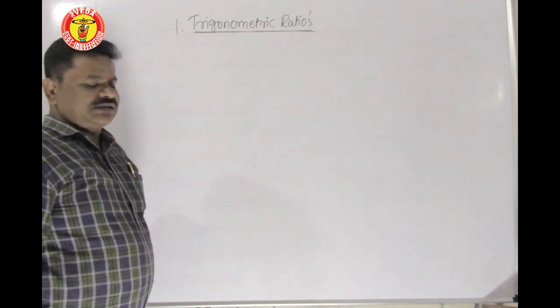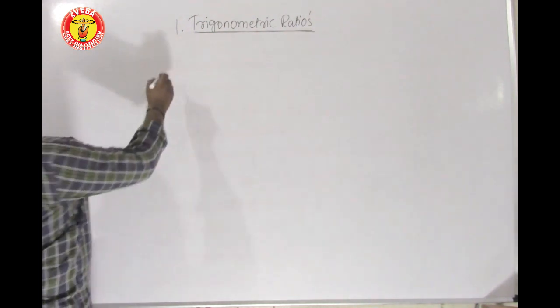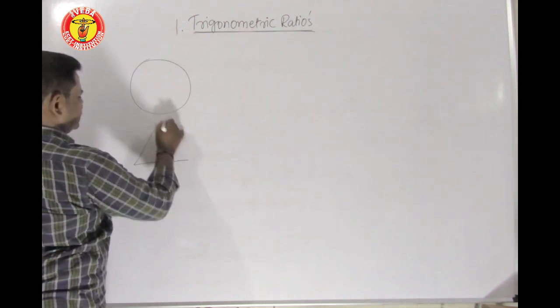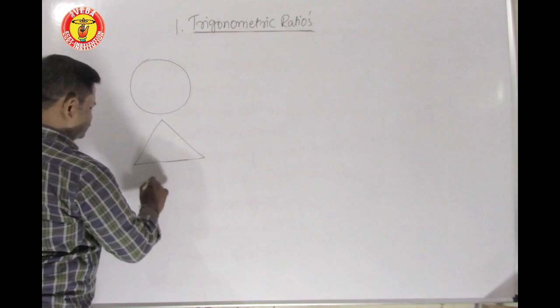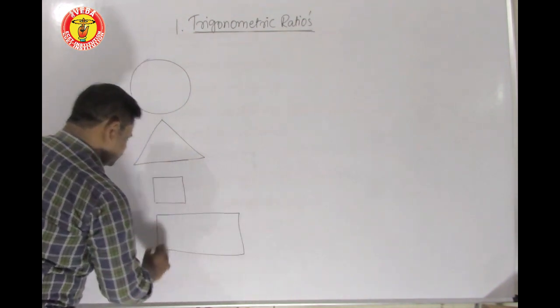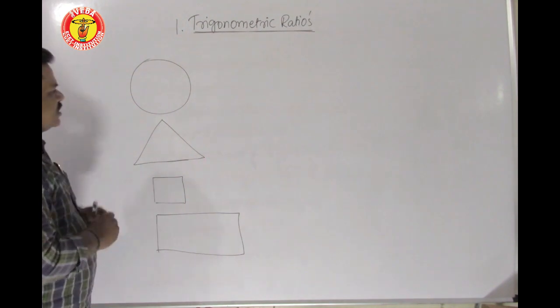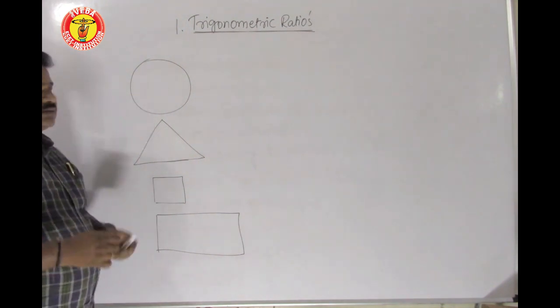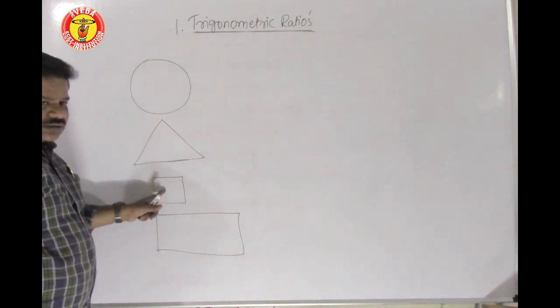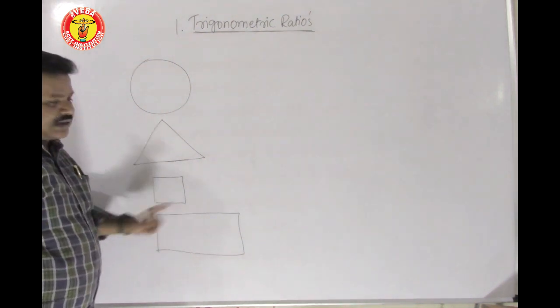First of all, if you take some diagrams like this, what do we call this? We call this a circle, this a triangle, this a square, this a rectangle.